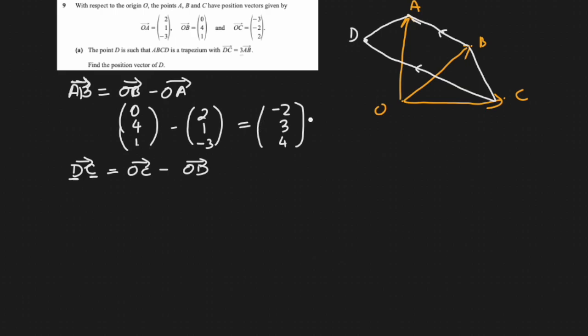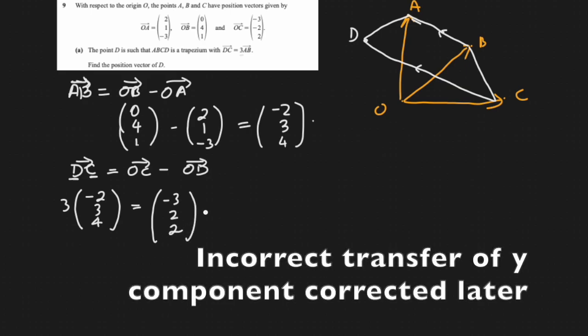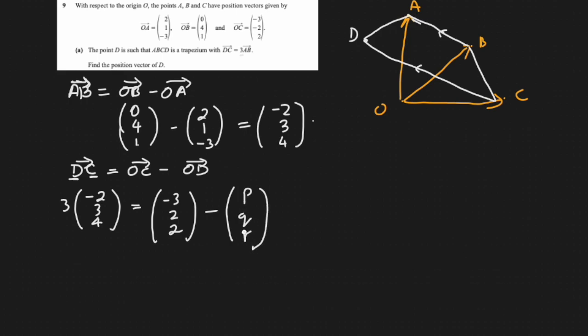So DC is 3 times this, 3 times (minus 2, 3, 4). So 3 times AB is DC, equal to OC, which is (minus 3, 2, 2), minus OD. Let's call them P, Q, R.